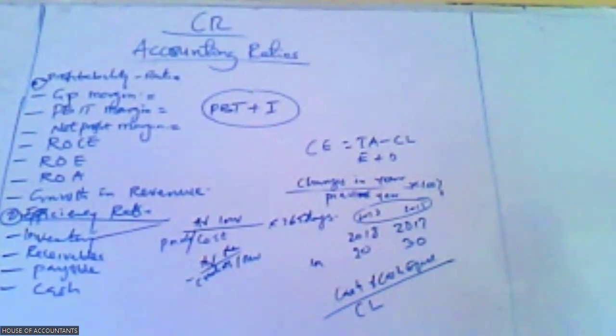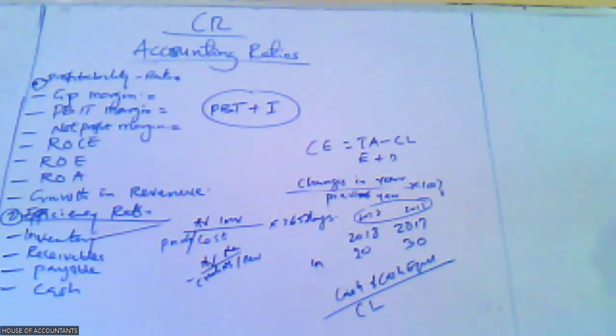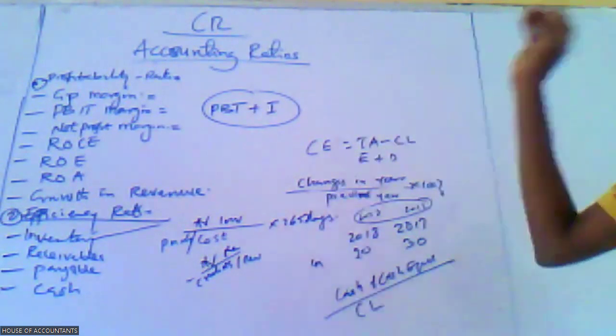Then multiply by 365 days. That is how long it's going to take your cash to cover your current liabilities. And that is all about that.